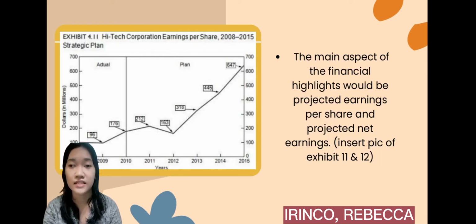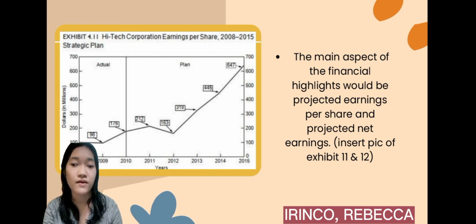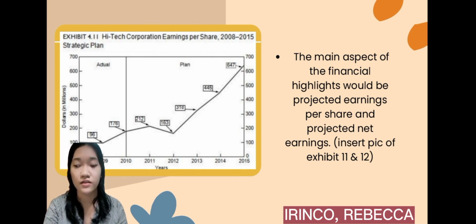Lastly, Exhibits 4.11 and 4.12 provide examples of GAAP earnings per share and projected net earnings. The main aspect of the financial highlights would be the projected earnings per share and projected net earnings.